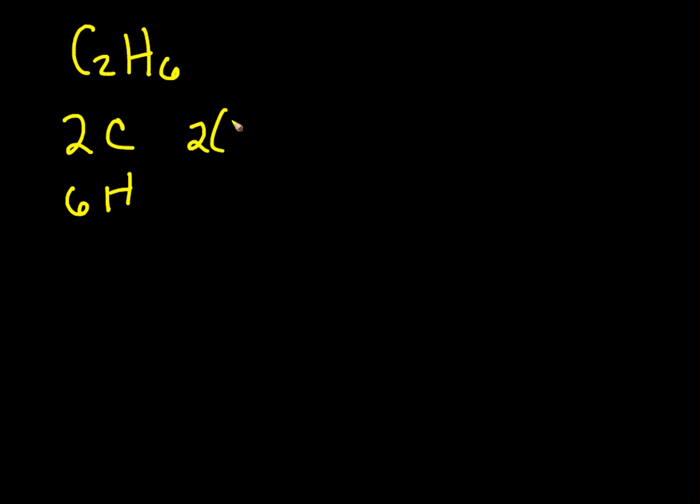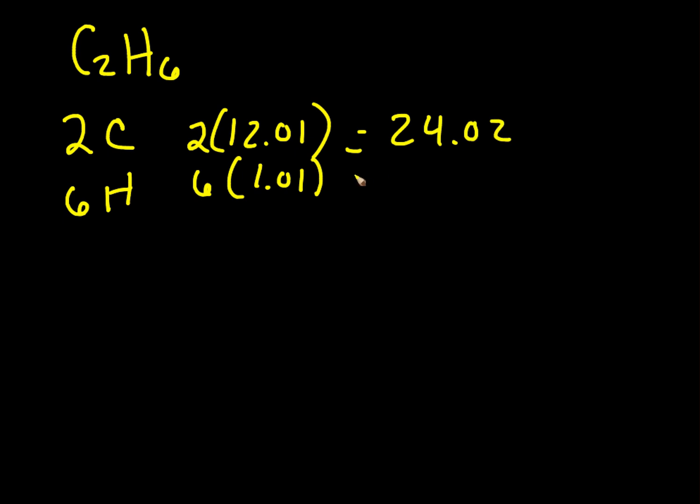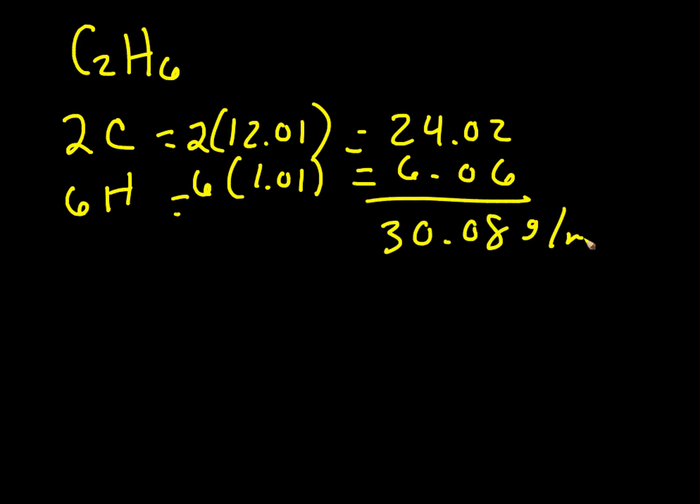So 2 times 12.01, and then 6 times 1.01. So we'll have 24.02 and 6.06. So add those 2 numbers up. I'm going to get around 30.08 grams per mole. So that's our molar mass.